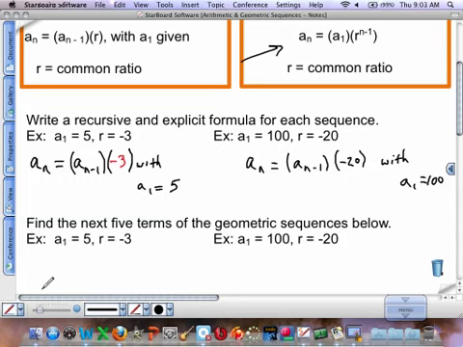How would I write my explicit for this example? So 5 times -3 to the n minus 1. That's it. That's really all we're doing here.